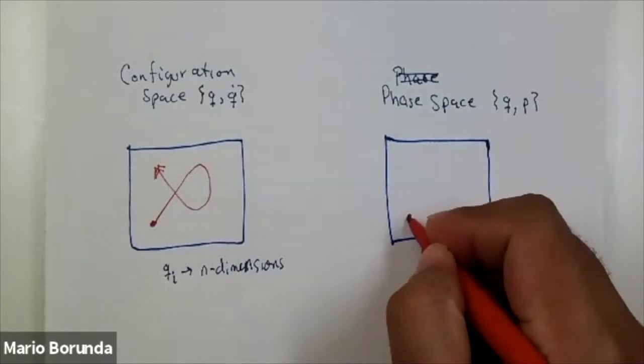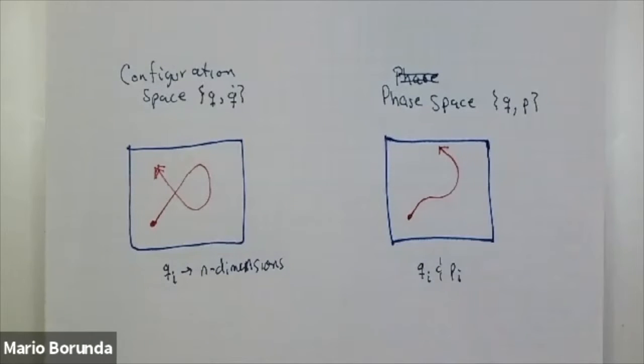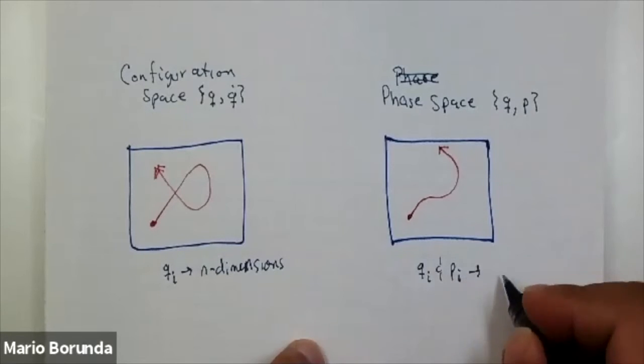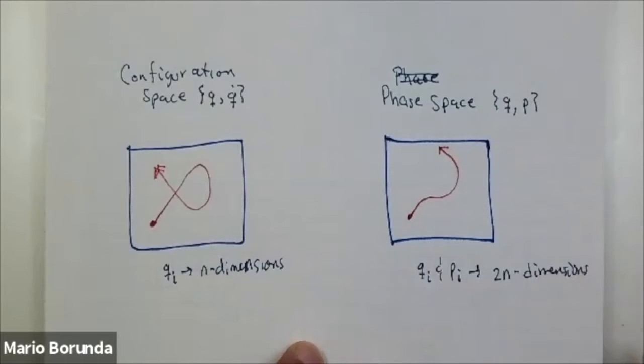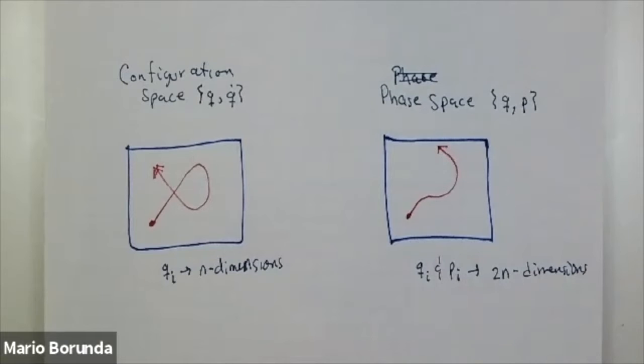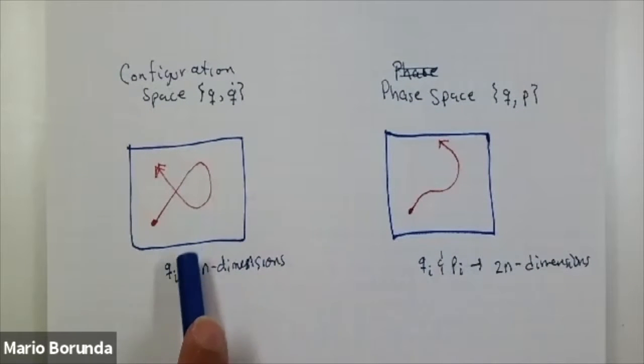Here we could say that we have a starting point, and then it's just gonna follow like that. This pair of coordinates is your 2n dimensions. The state of the system here is defined by the q_i's, and the state of the system here is defined by the q_i's and the p_i's. So with these two, I know the future of the system. Here, I just needed this.